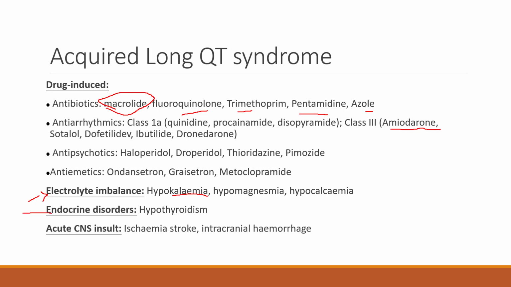Also endocrine disorders, and then acute CNS events such as ischemia, stroke, and intracranial hemorrhage. I would like to make a circle here, make a point here, because I like to remind everyone this one is a common cause of long QT syndrome, so when you encounter a patient with stroke or intracranial hemorrhage, make sure you look very, very carefully at his or her ECG to check for any problem.